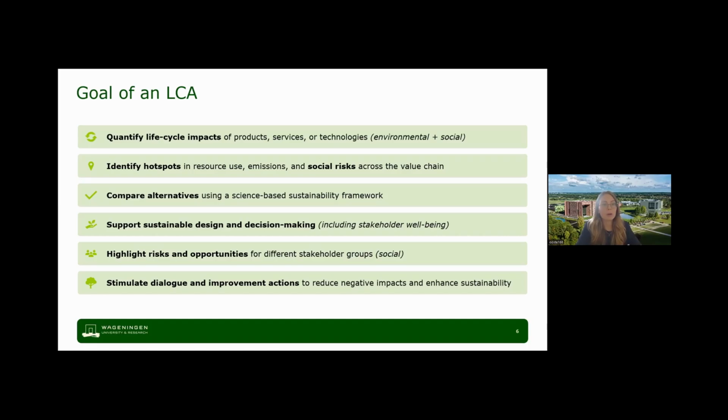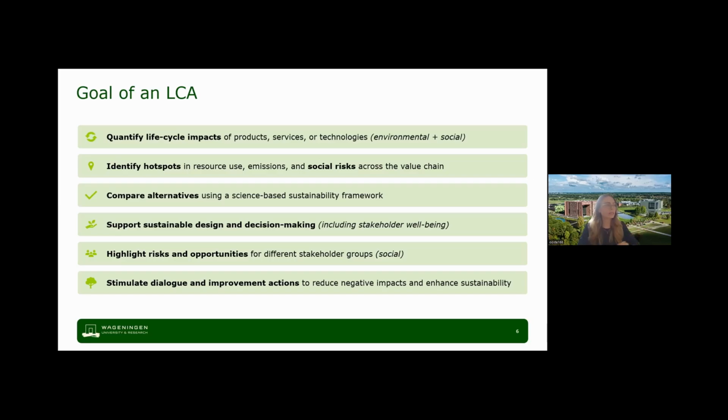It can help to identify trade-offs, also to see where to source from, for decision making, and it can highlight the risks and also give insights for opportunities. And overall, it should be used to stimulate dialogue and increase awareness of where are the hotspots and how can we find things that contribute the most.